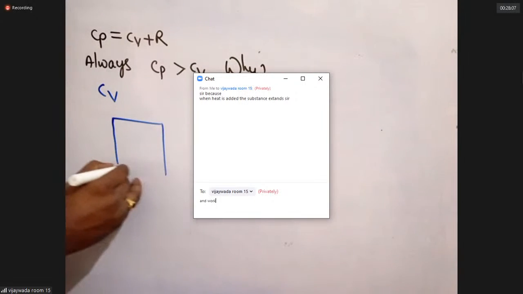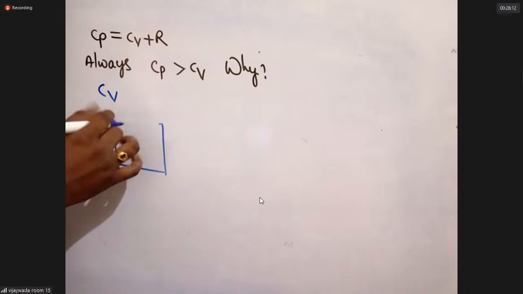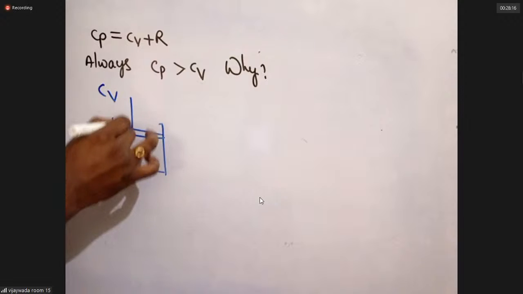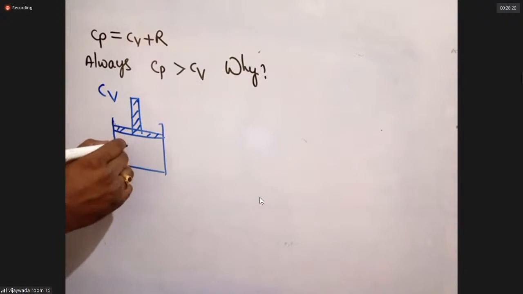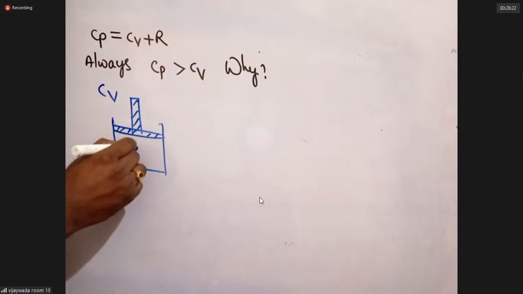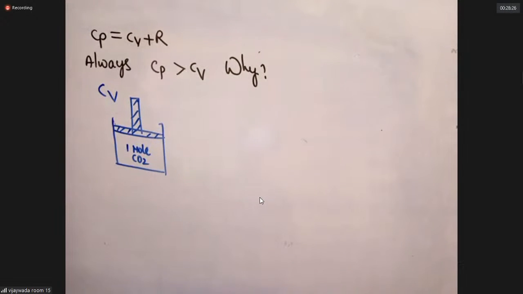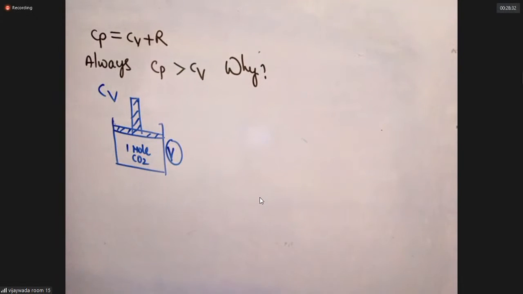Okay, fine. In a container, this container contains a frictionless piston. In this, 1 mole of carbon dioxide is present. You should keep volume constant. You should not change volume.